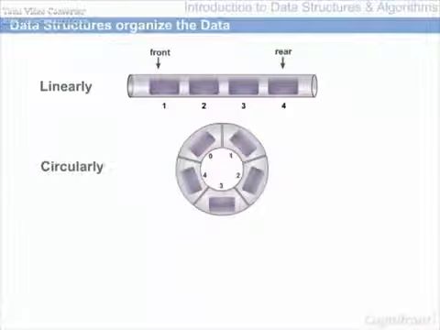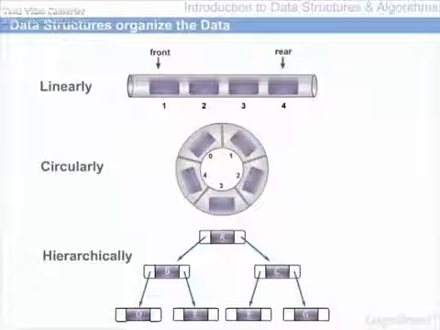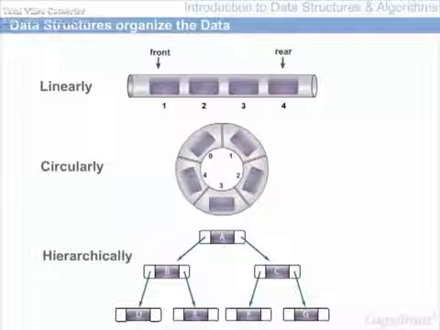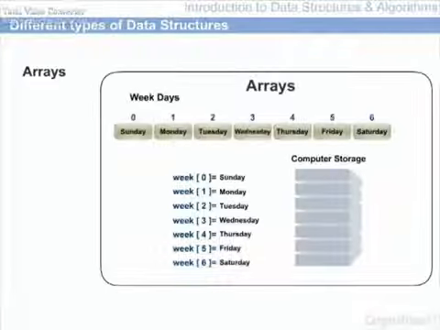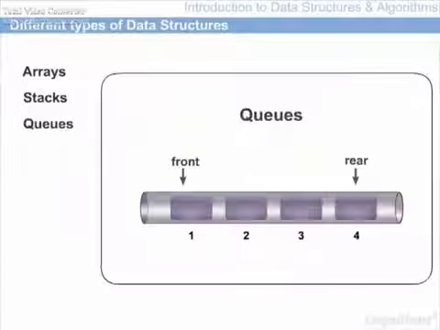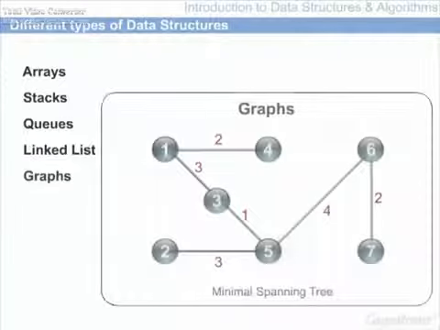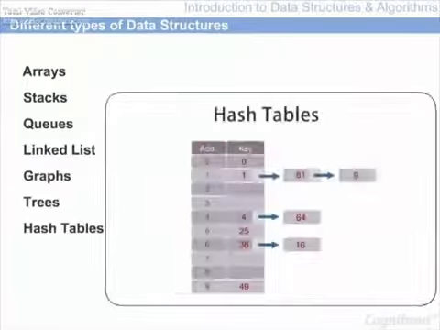The data structures can organize the data items linearly, circularly, hierarchically, or in many ways. This leads to different types of data structures such as arrays, stacks, queues, linked lists, graphs, trees, hash tables, and so on.